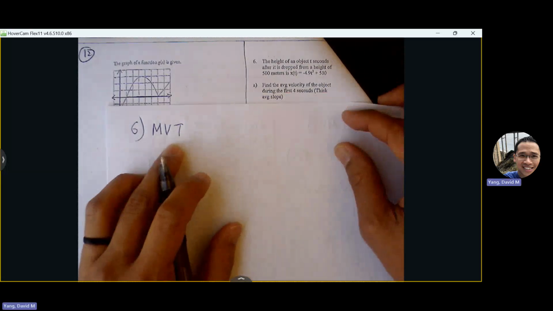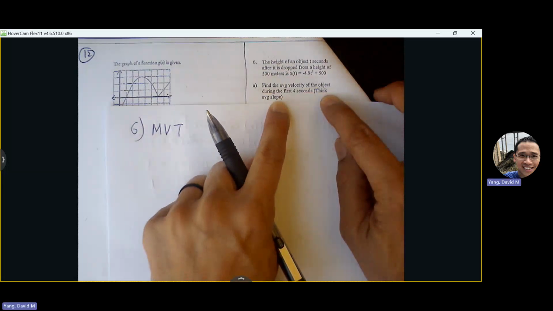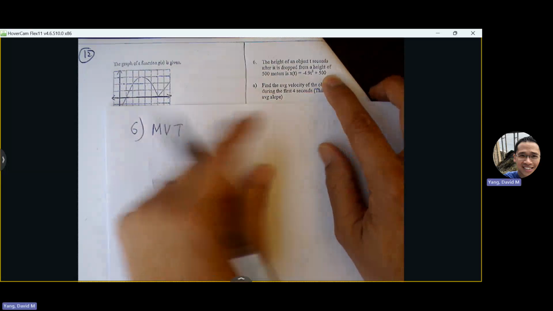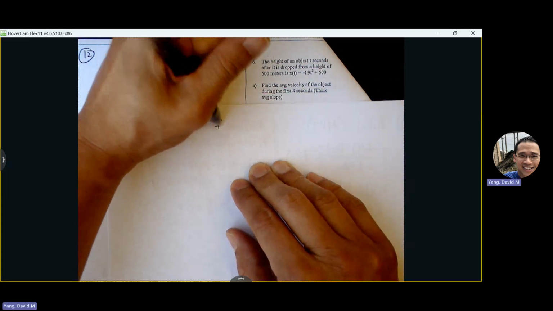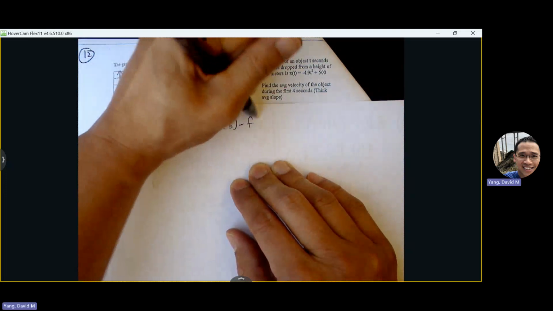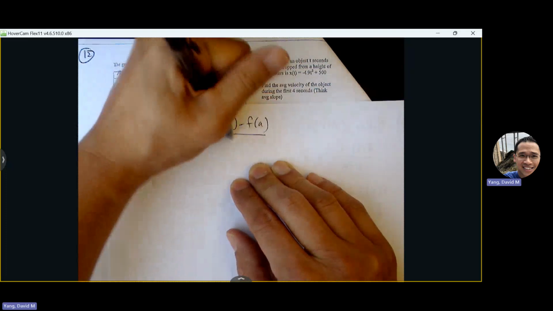Well, they're setting us up for mean value theorem. It says find the average velocity during the first 4 seconds. So basically, mean value theorem is this, but we can adapt it in terms of particle motion.